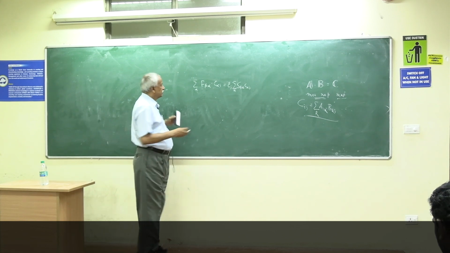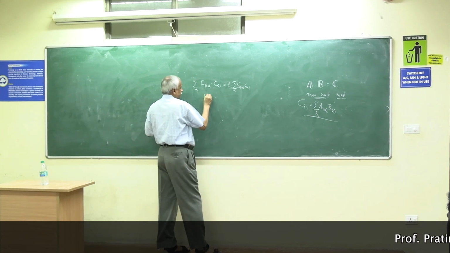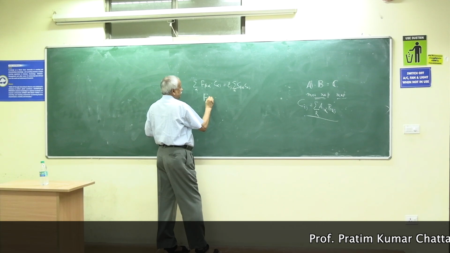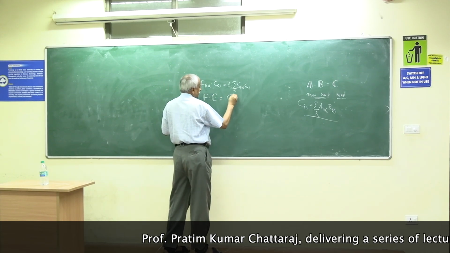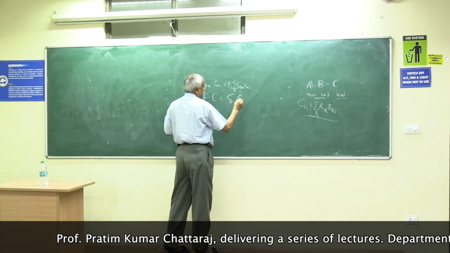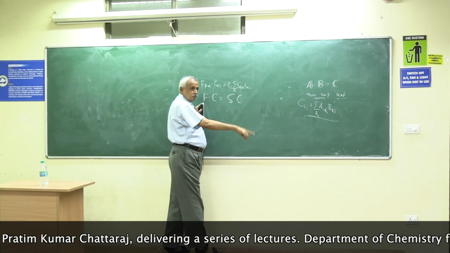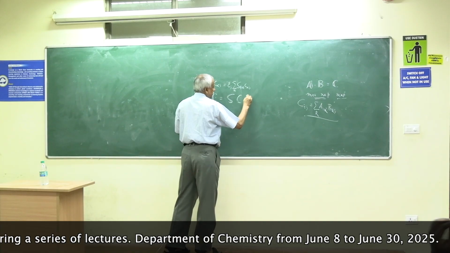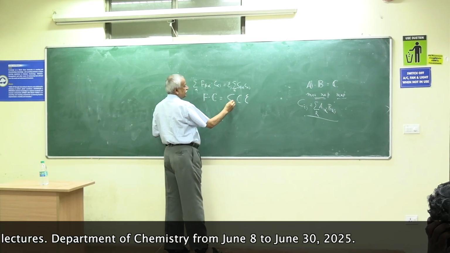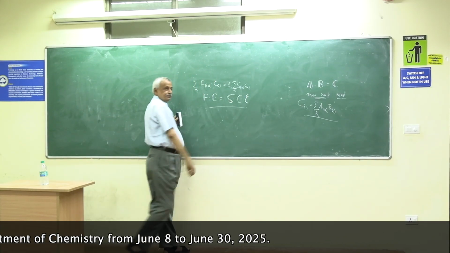That means this side, you have the F matrix times the C matrix, and this side you have the S matrix times the C matrix, and the E's I can put along the diagonal, as we have seen. If I call this the E matrix, I get FC = SCE.